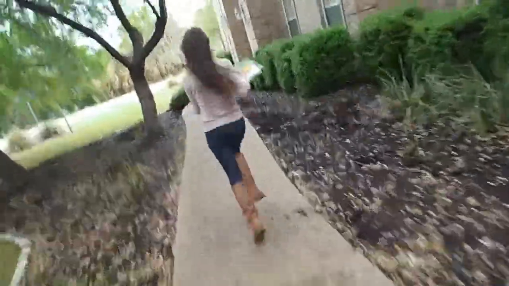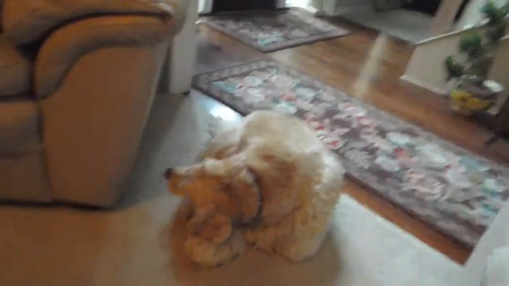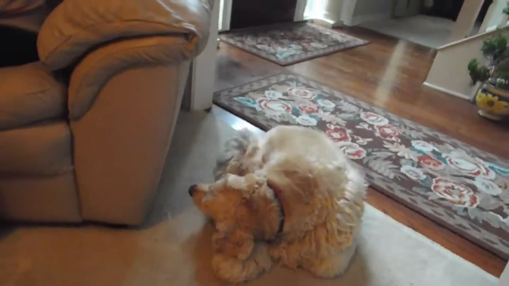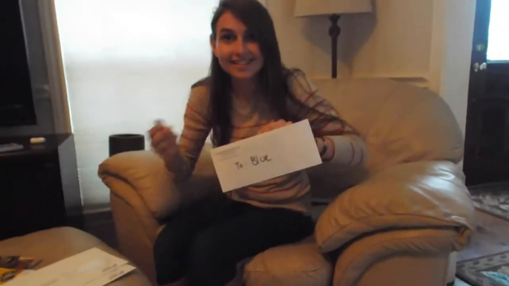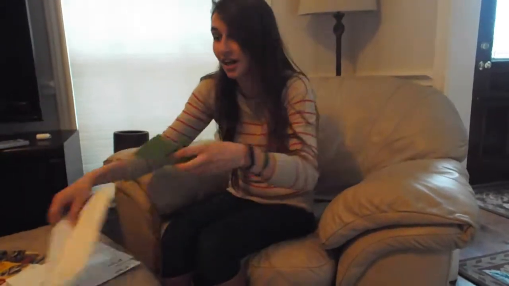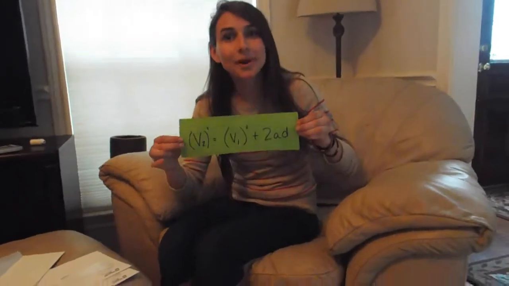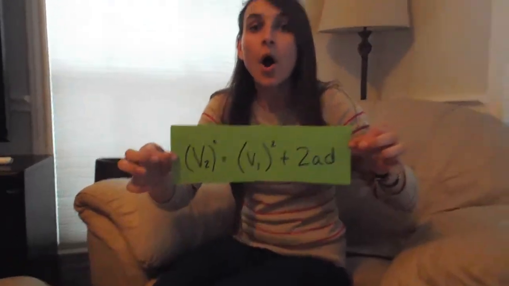Mail time has never gone so wrong. Hey, that's to Blue. Let's open it and see what it is. It's another clue! V2 squared equals V1 squared plus 2AD.